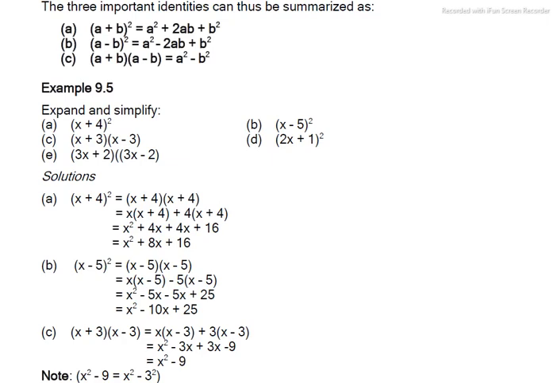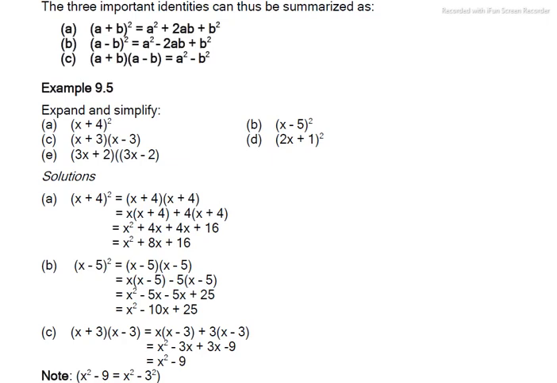In part C, it is a bit different from these ones, whereby we have two brackets. One is for a plus, one is for a minus. So it is the product of the sum and difference of two terms. That is (x + 3) and (x - 3).